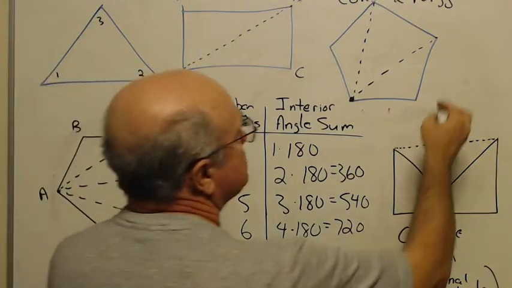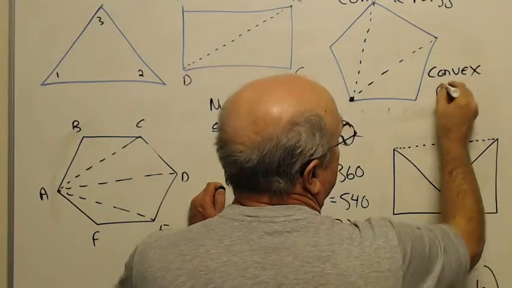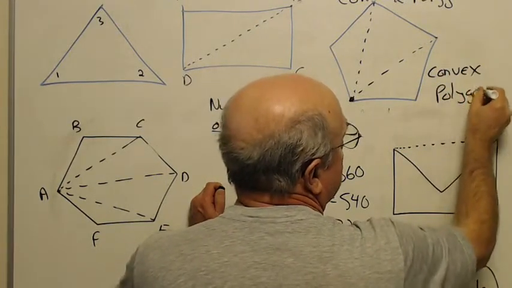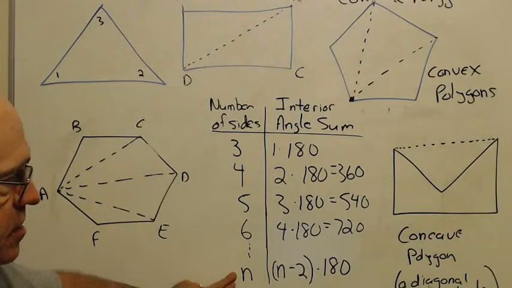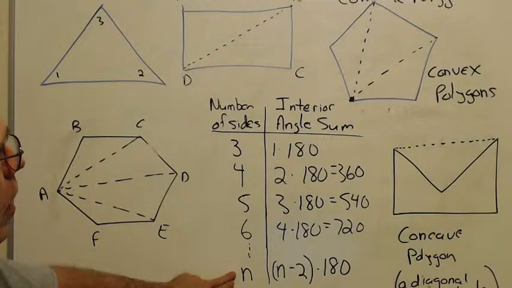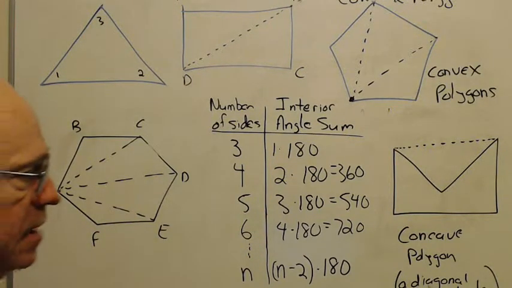These are all convex polygons. Okay, so we've developed a formula, and that is, the interior angle sum of a convex n-gon is n minus 2 times 180.